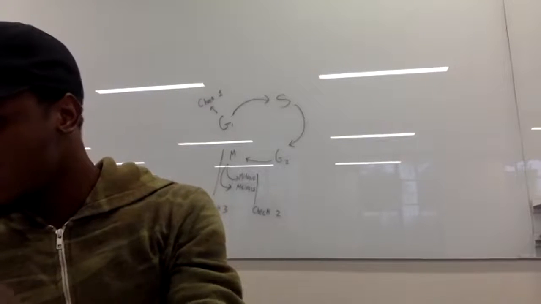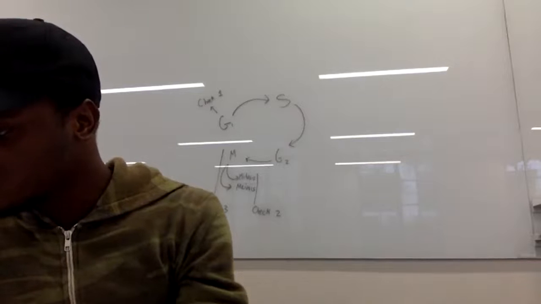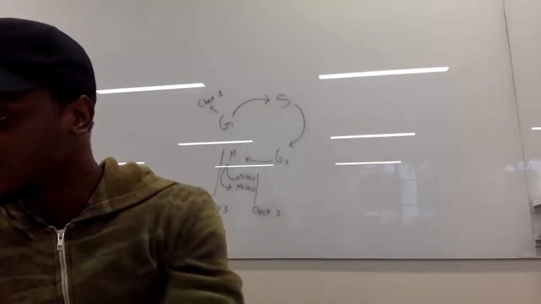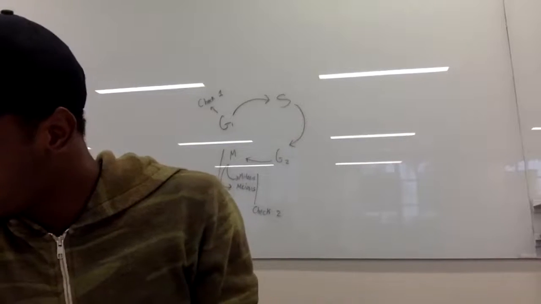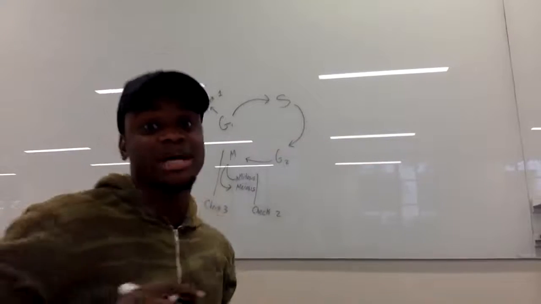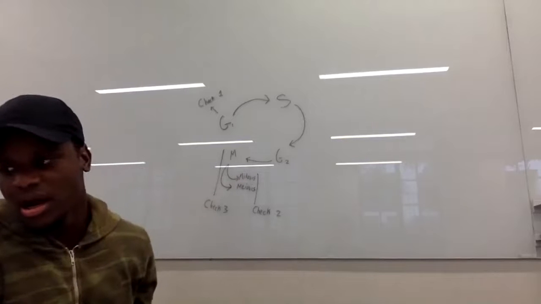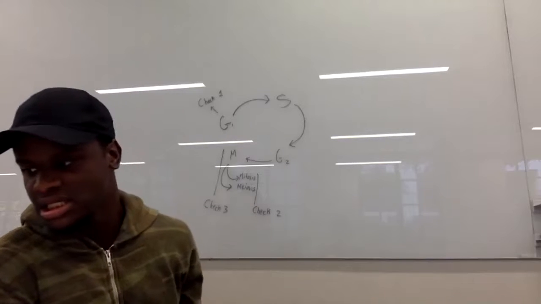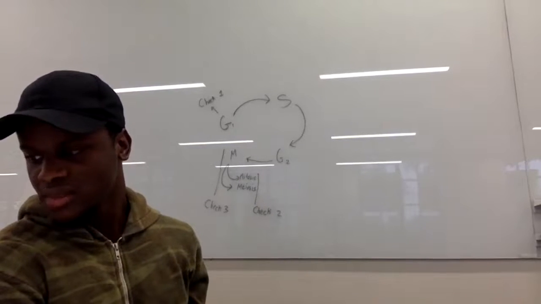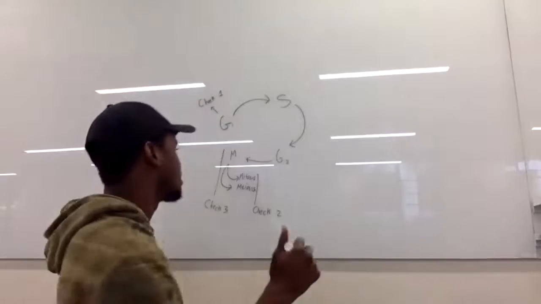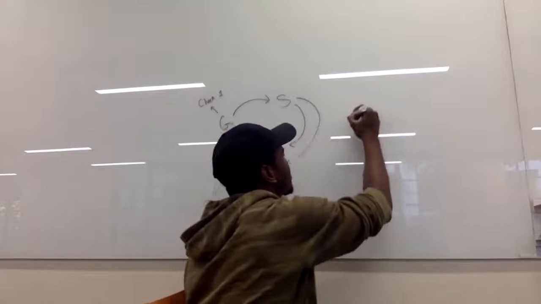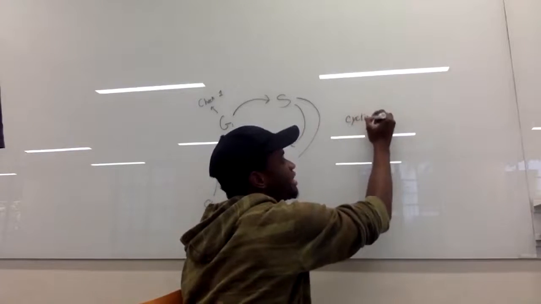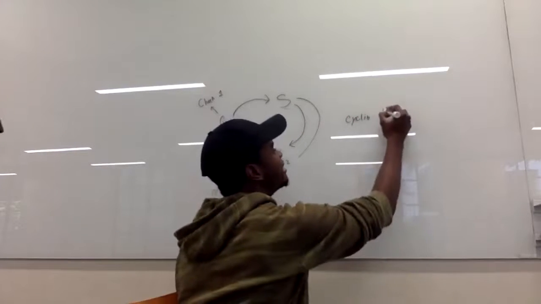How much more cyclins bind to CDKs? CDKs, right? Okay. Once enough cyclins bind to the CDKs, we create our MPFs. Does that make sense? So as we go from here to here, cyclin concentration increases.